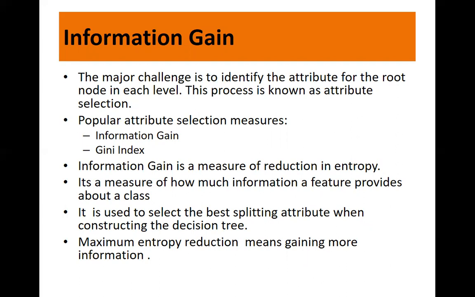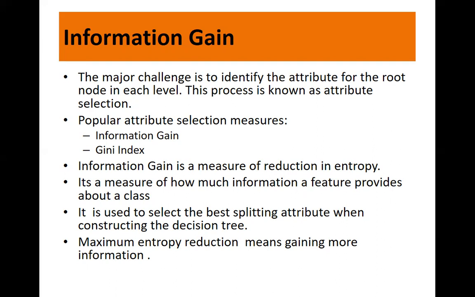Whenever you split on an attribute, how much entropy will be reduced? When entropy becomes zero, that node is a pure node. As we already saw, all the samples belong to the same class, and we consider it a leaf node. So at each level, we need to find a feature which gives us the best split so that we can reduce the maximum entropy.